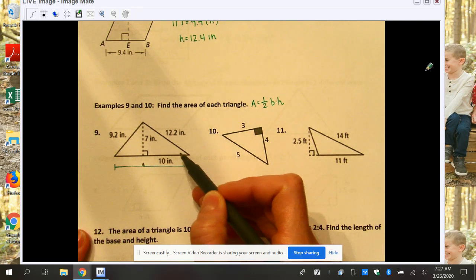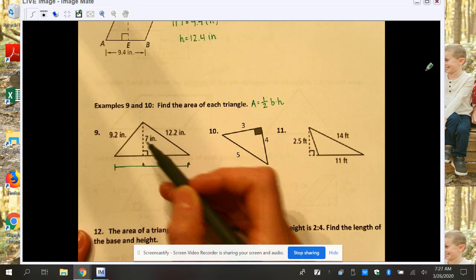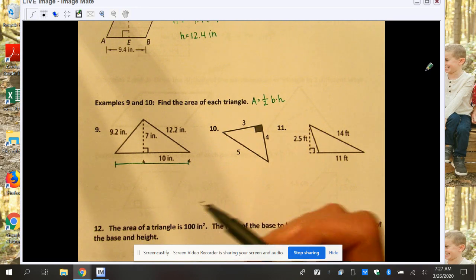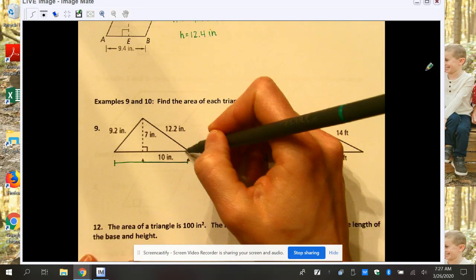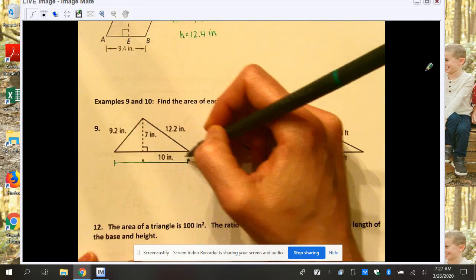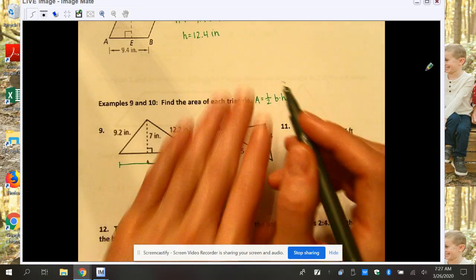Because I also would not have enough information. I could not draw another altitude in because I still just wouldn't know enough information. Like from here to here, I wouldn't know how long that altitude is. So I wouldn't be able to do that even because I don't know the area. So here's where we're going to pull in some information from last unit.